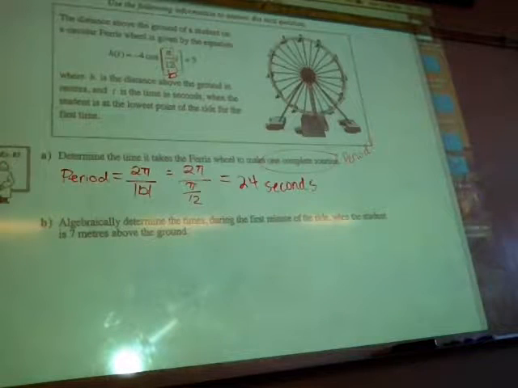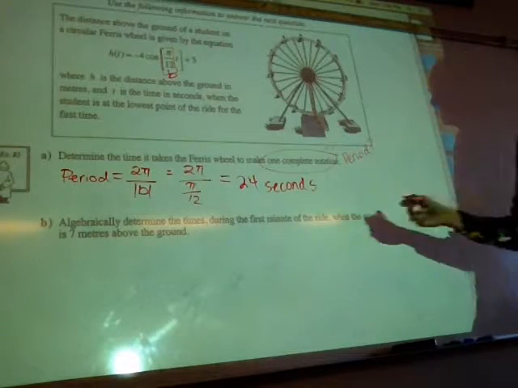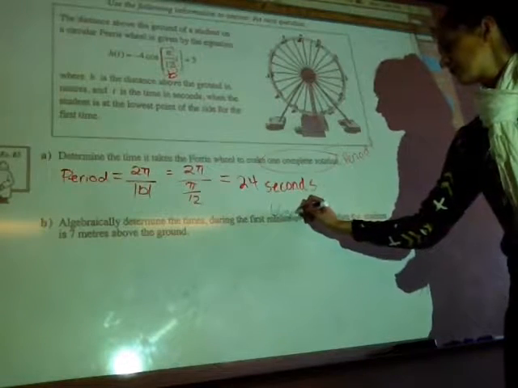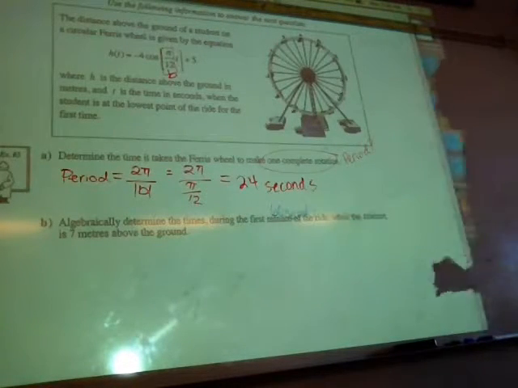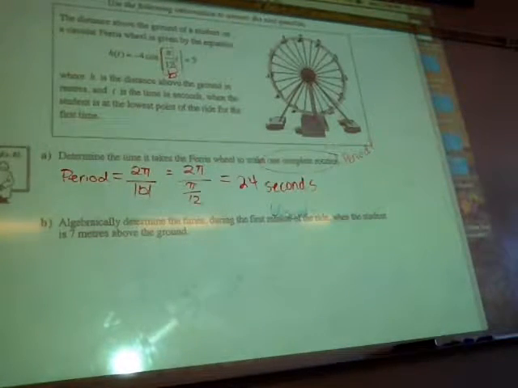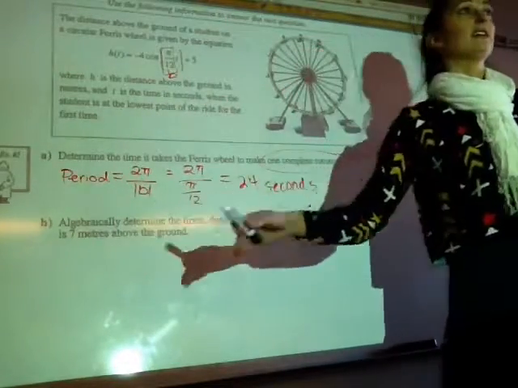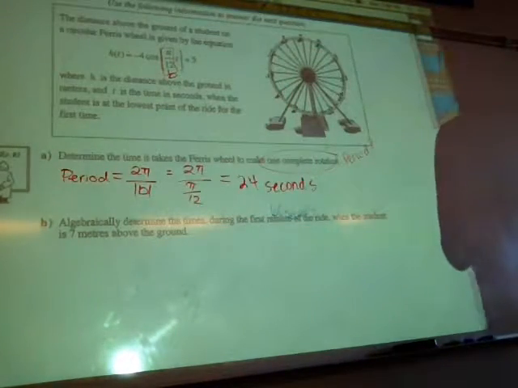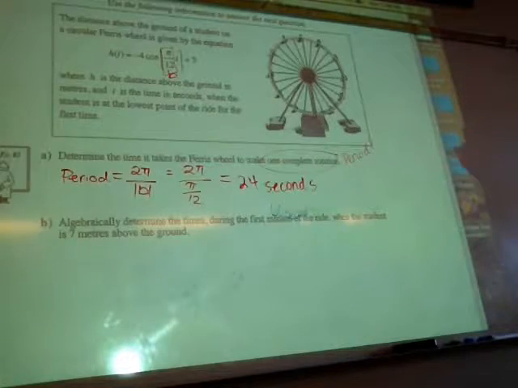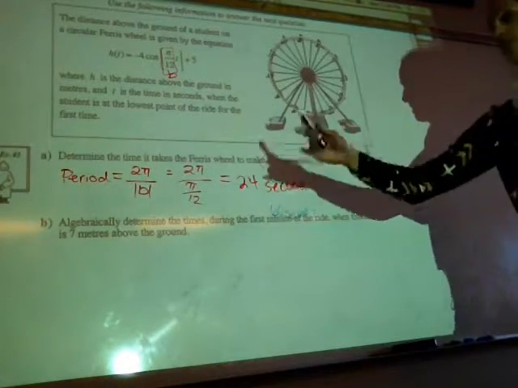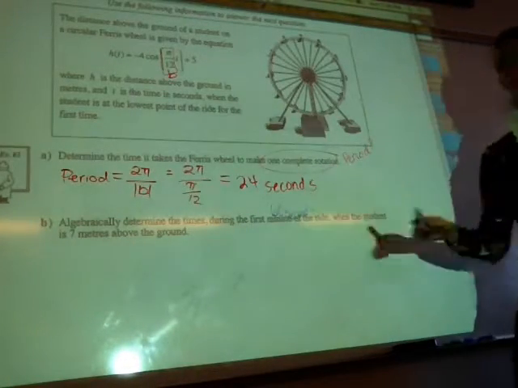Now algebraically we have to determine the times during the first minute, so the first 60 seconds of the ride, when the student is 7 meters above the ground. If you were to do this graphically, y1 is your graph, y2 is 7, and you would find the intersection points, looking at all the times up to 60 seconds.